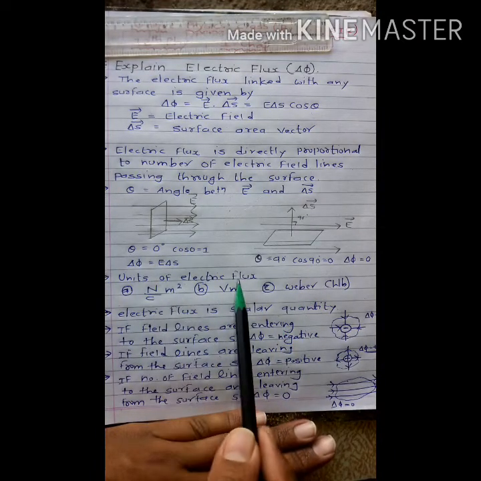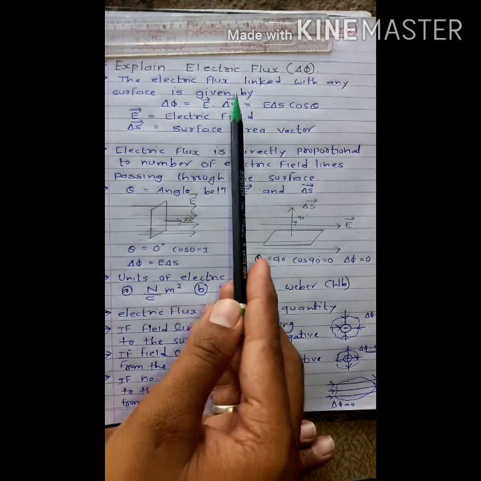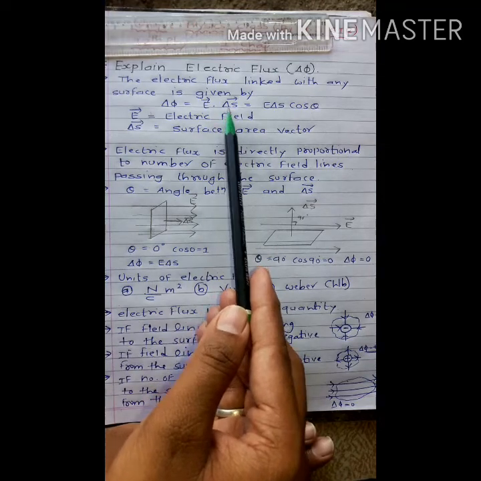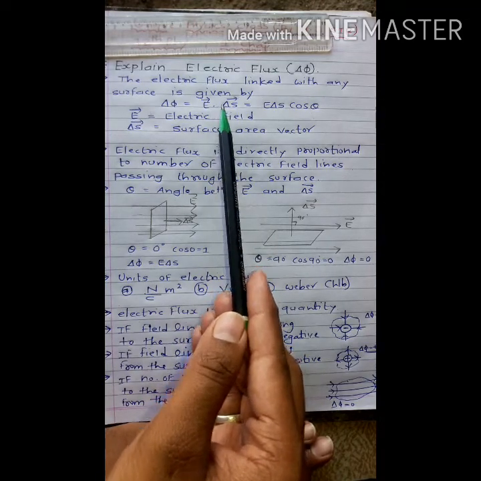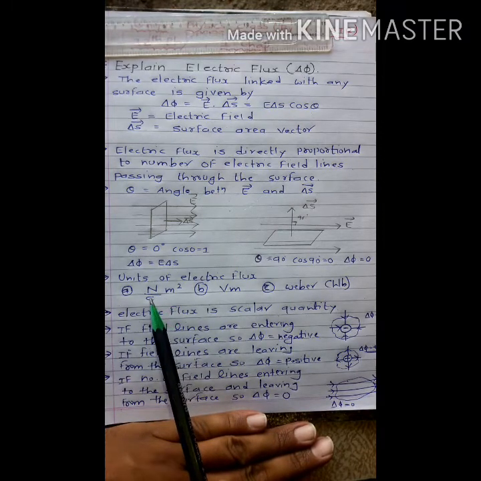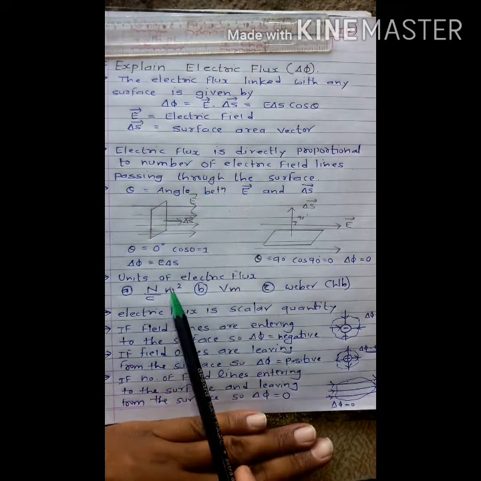Now remember the units of electric flux. This is our equation of electric flux, electric field into area vector. So using this equation we can find the units of electric flux. The first unit of electric flux is Newton per coulomb into area. The unit of area or area vector is meter square.